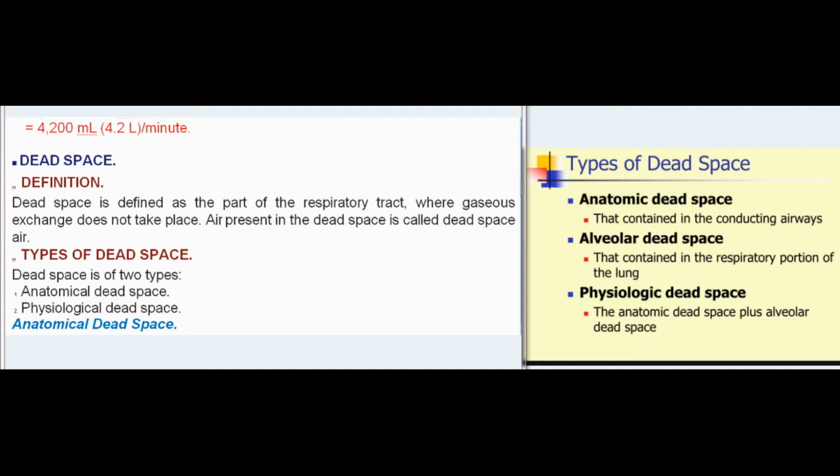Dead space. Definition. Dead space is defined as the part of the respiratory tract where gaseous exchange does not take place. Air present in the dead space is called dead space air. Types of dead space. Dead space is of two types: anatomical dead space and physiological dead space.